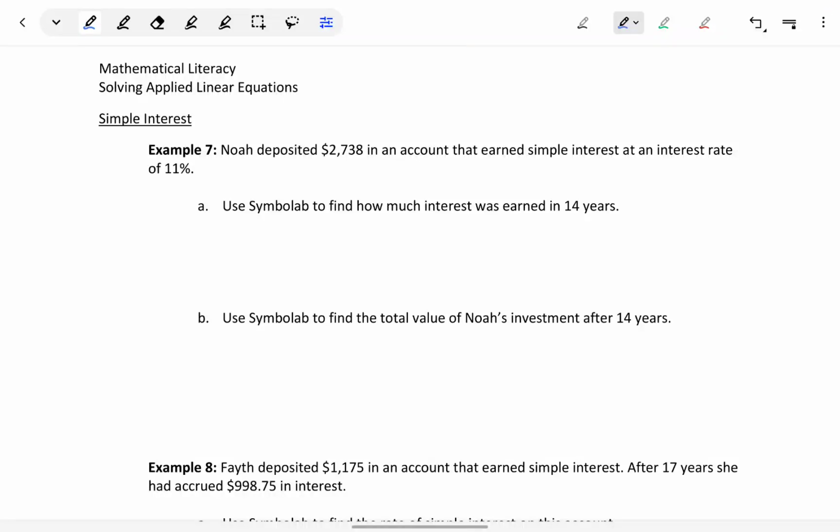Our last several examples in this section deal with simple interest, where we have the simple interest formula, I equals P times R times T, which is short for interest is equal to principal times rate times time.